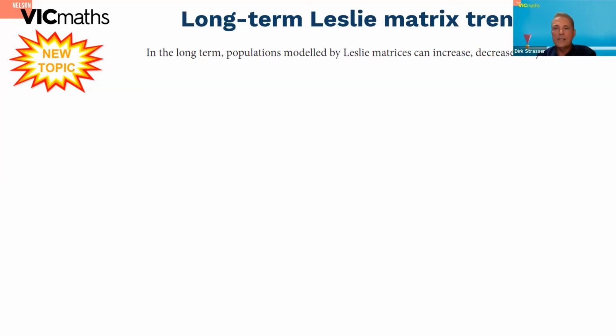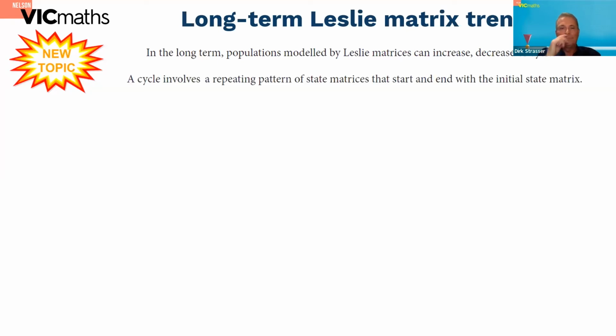It stabilizes and becomes the one. It doesn't change anymore. That doesn't happen with Leslie matrices, but in the long term, one of three things happens. Either the populations increase, they decrease, or they cycle. One of those three things will happen over time, but they won't stabilize like transition matrices.